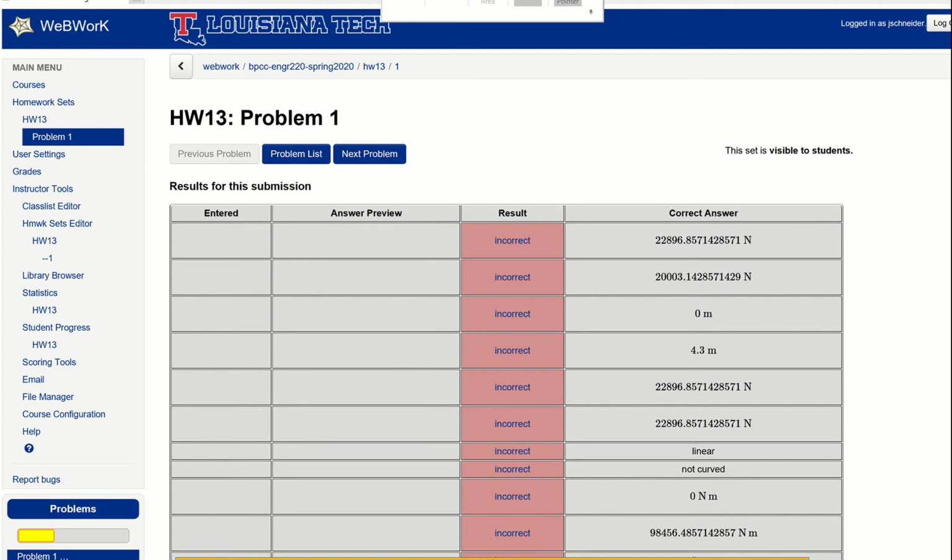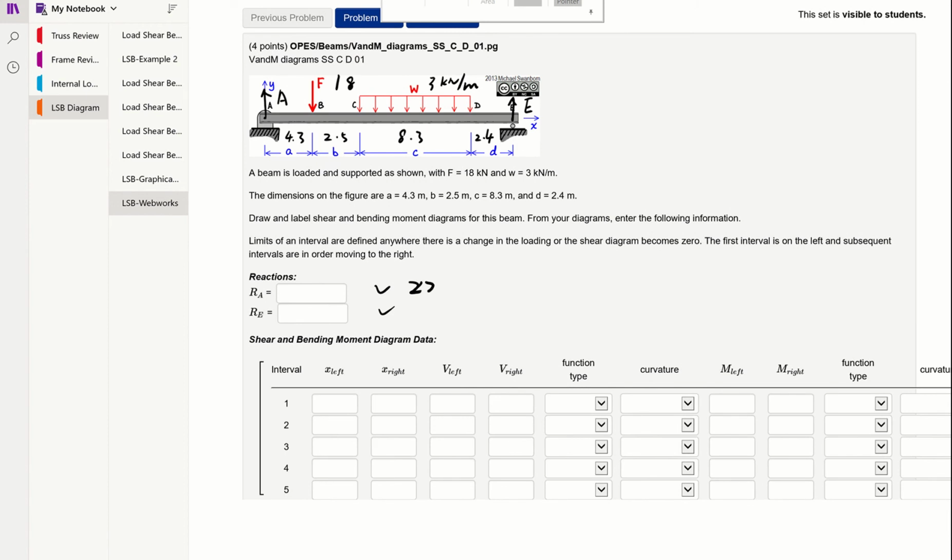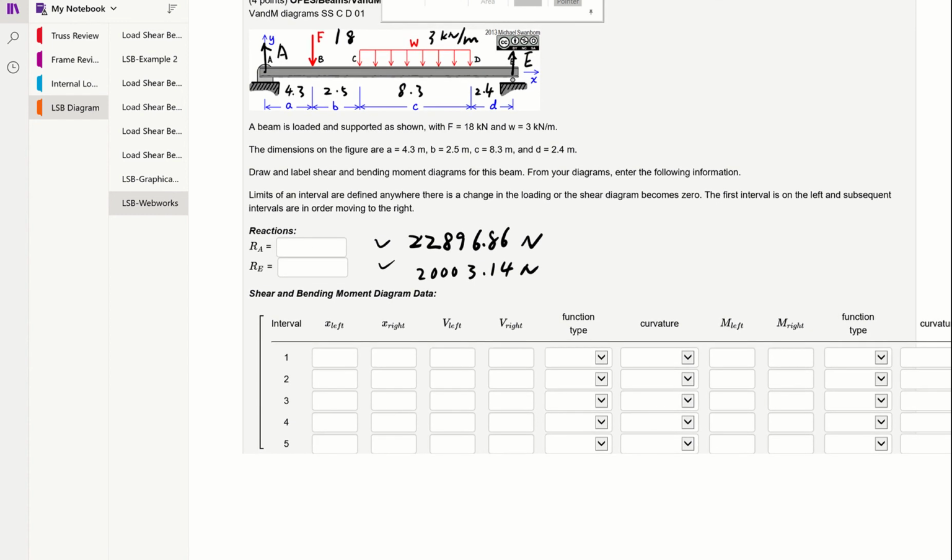Okay. So once I get that, I'm going to go back to my OneNote, and that's my answer for RA. It's 22,896.86 Newton and 20,003.14 Newton. Okay. So that's not my focus of this video.